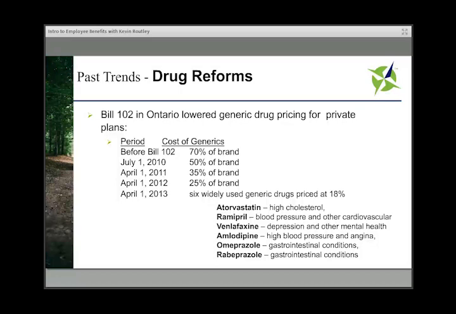This was good for employers, and this is probably why you saw your benefit costs decrease between 2011 and 2014 or 15. These things are all baked into pricing now, and things have started to trend the other way.